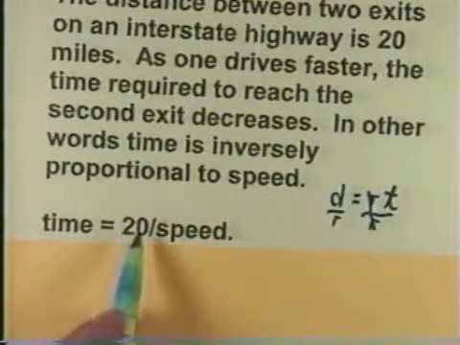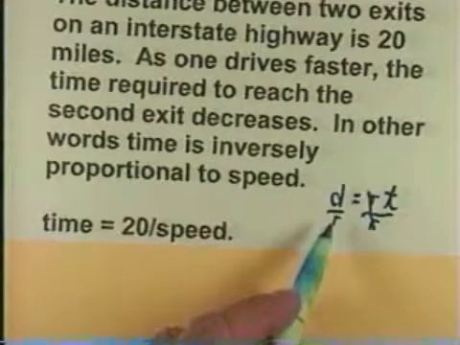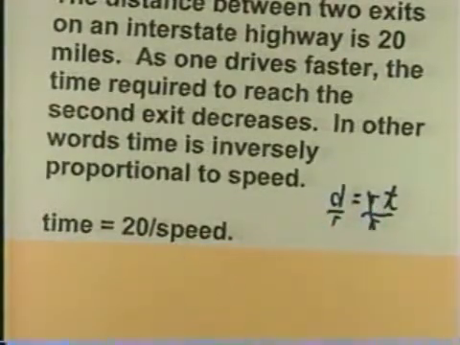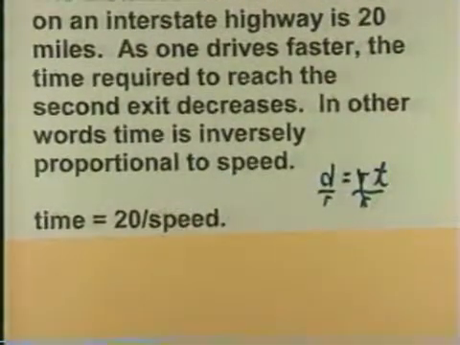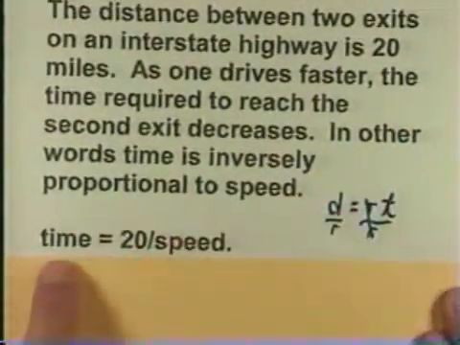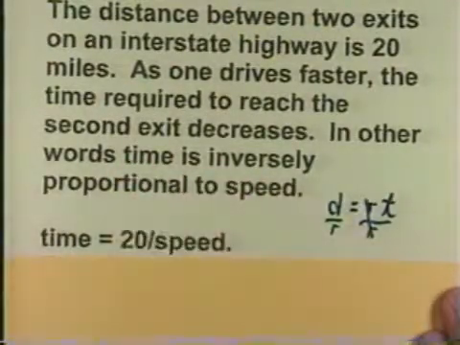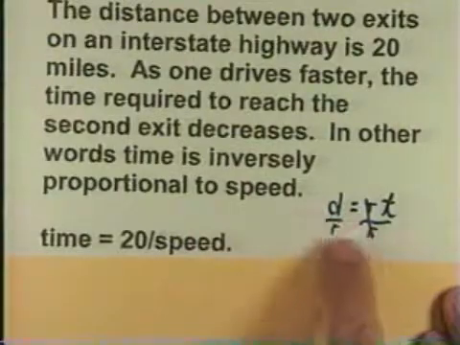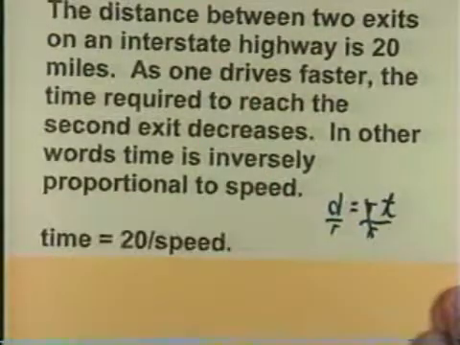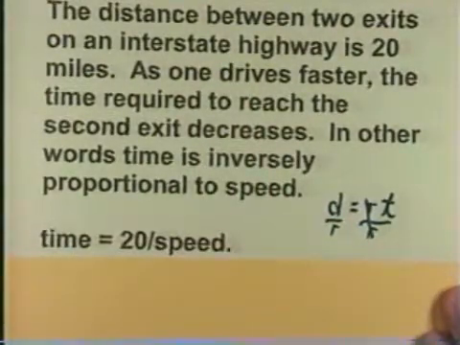In this case, we've got the fixed distance. The speed or the rate is what's varying along with time. So this is where the formula came from. But I didn't need to know this to set the problem up, because we did talk about that it was inversely proportional. I'm just trying to relate everything that you know so that you can apply it easier.